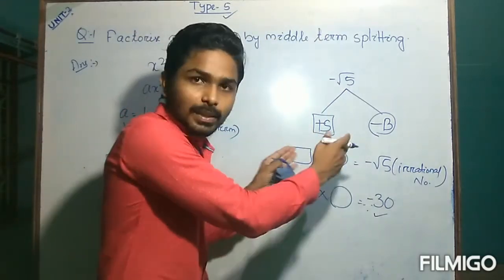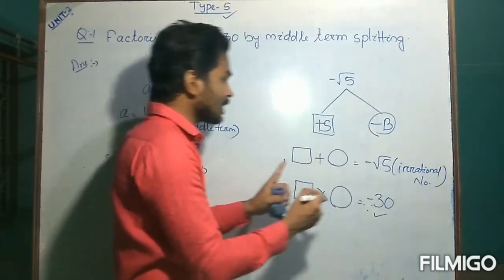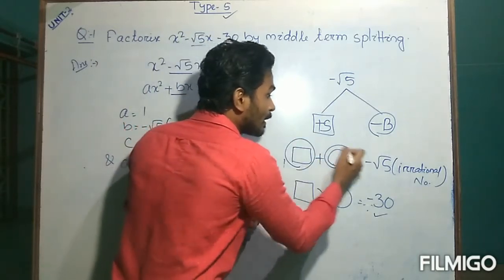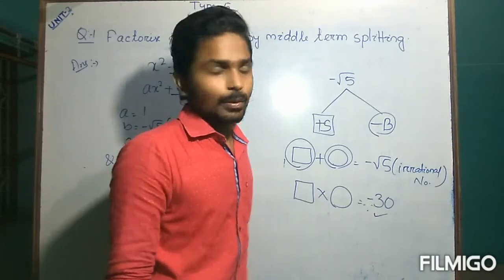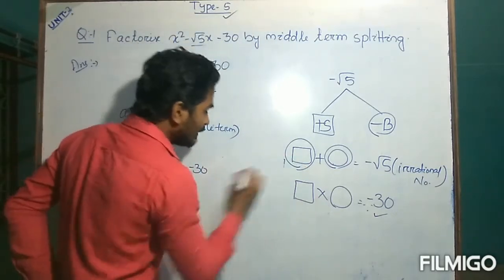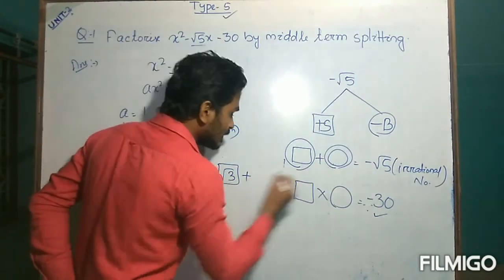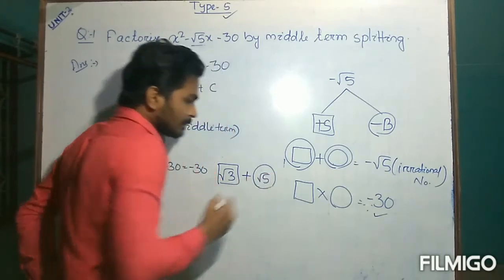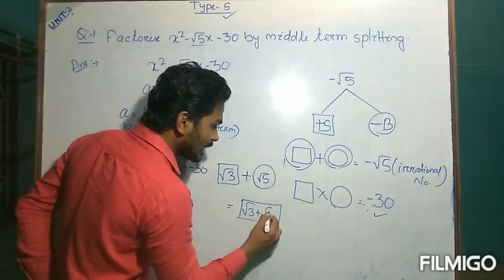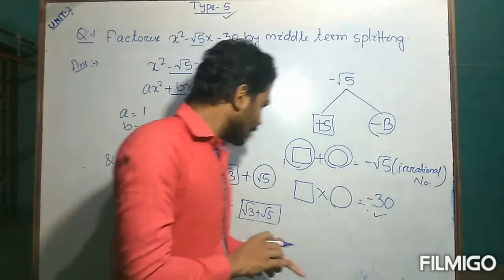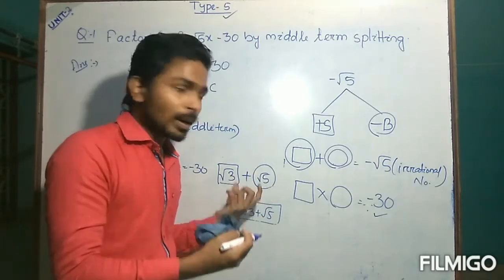That means these two numbers must be irrational with the same square root. Why? Because if it is root 3 and root 5, the answer remains as it is, they will not add up. Though they are irrational, they do not have the same number under the root.